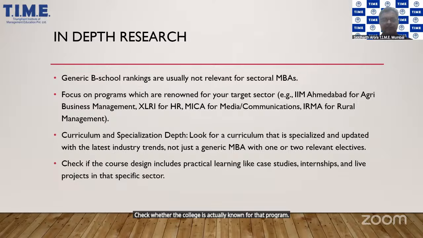Like XLRI. Today it is known as XLRI, but the actual name of the college was Xavier Labour Relations Institute. So XLRI started as a labour relations institute, and even today they are the pioneers in HR. So yes, it's a very good choice if you want to go into HR.